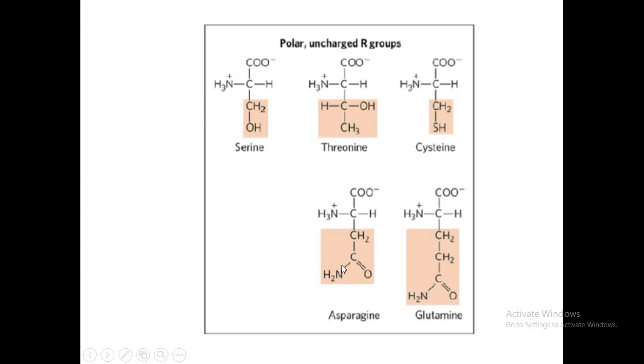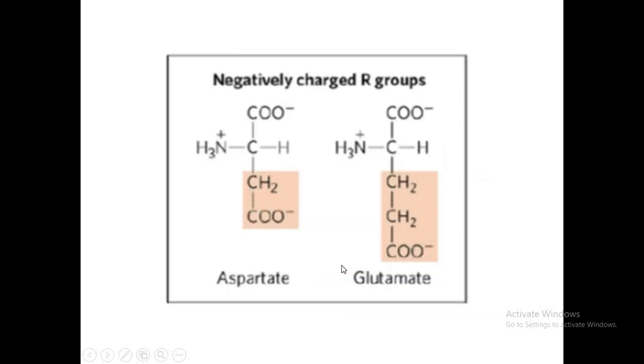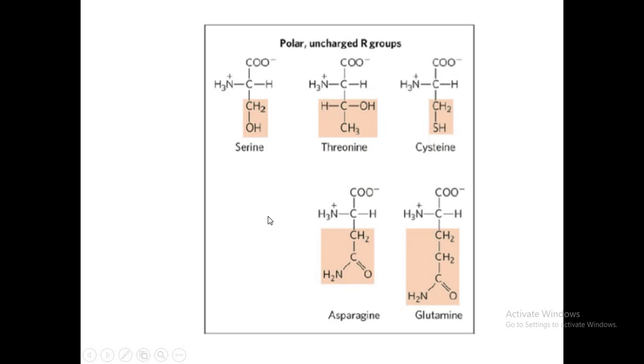If we focus on this structure, we can see that in the side chain of aspartate, although it is the structure of aspartate, it has an amide group. Due to having the amide group, it is called asparagine, because it is the amide of aspartate.